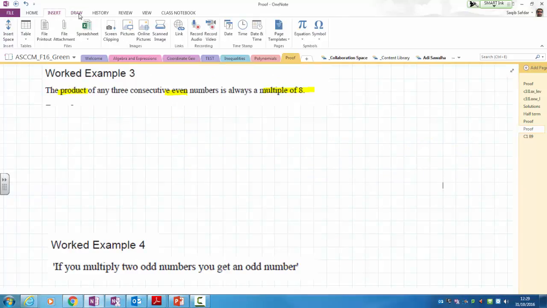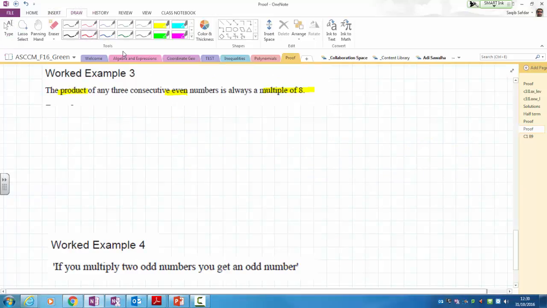Okay, so the product of any three consecutive even numbers, firstly we can write the consecutive even numbers as 2n, 2n plus 2, and then 2n plus 4. If we then take the product and multiply them together, you've got 2n times our 2n plus 2, okay, times this 2n plus 4.